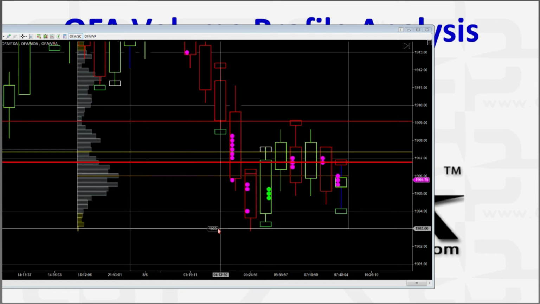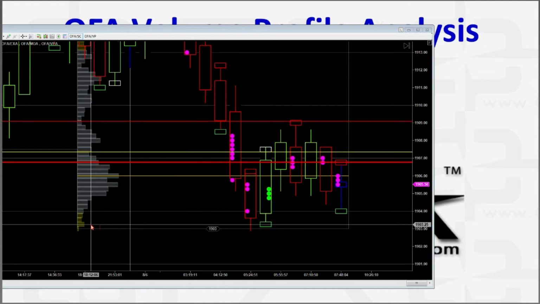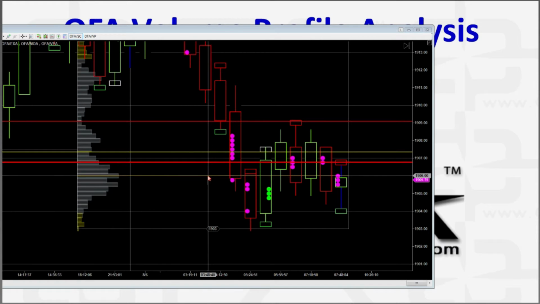So this scenario with the buyers stepping in here and with this VPOC 3 ticks away from a long-term low volume area tells me that the open today is likely to be volatile.